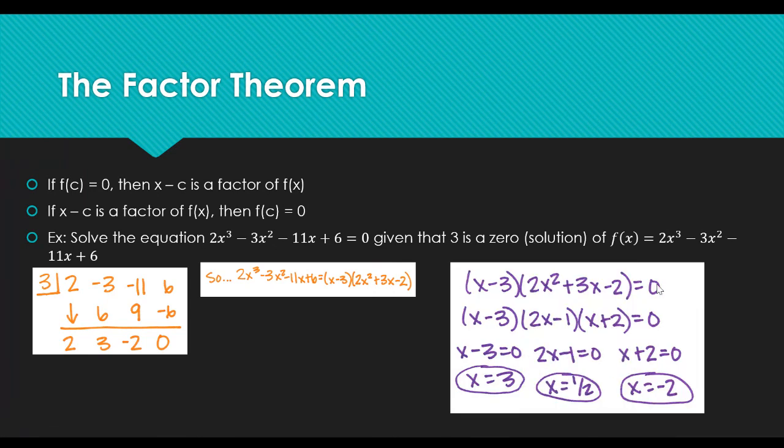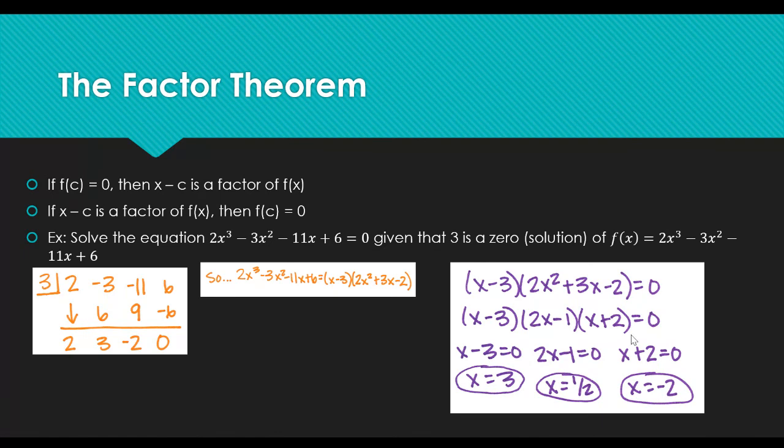So I solve that by setting it equal to 0 and saying, hey, can I factor 2x squared plus 3x minus 2? You have two ways of factoring that. If you do 2 times negative 2, that's negative 4. Factors of negative 4 that make 3 would be 4 and negative 1. And then split the middle, group them, and you'll end up with 2x minus 1 and x plus 2 when you're all done.